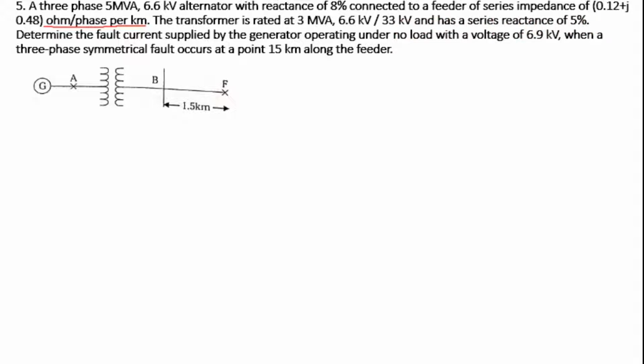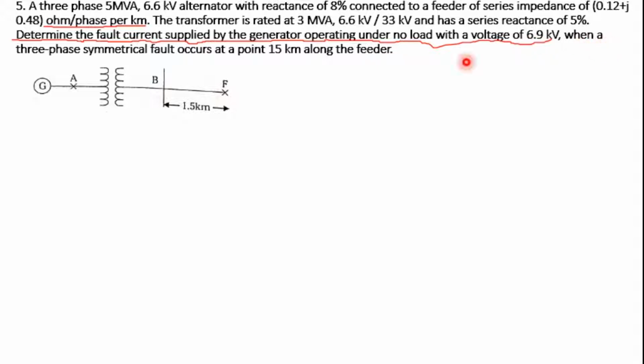We have to determine the fault current supplied by the generator operating under no load with a voltage of 6.9 kV. You need to be very careful because it is rated at 6.6 kV, but there is a changed voltage of 6.9 kV.